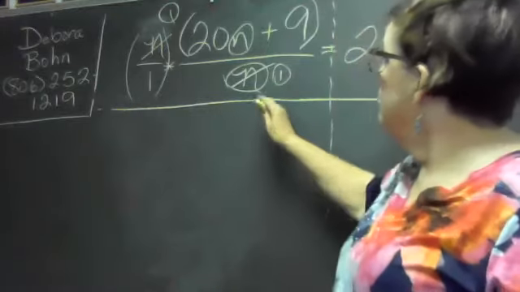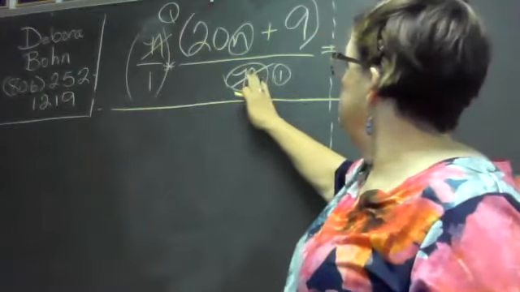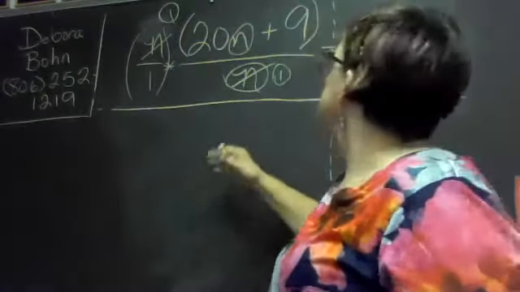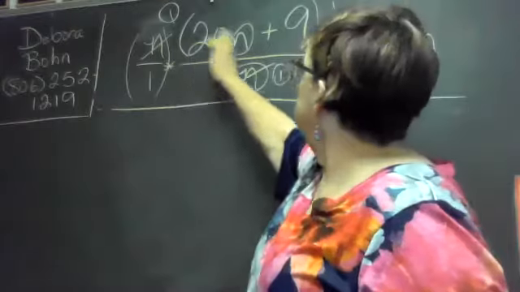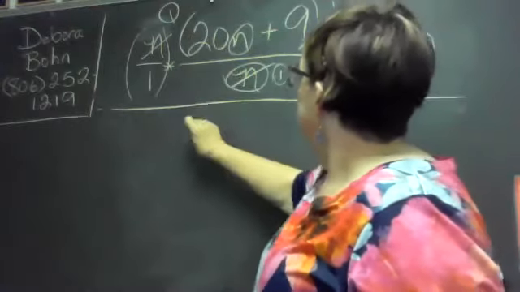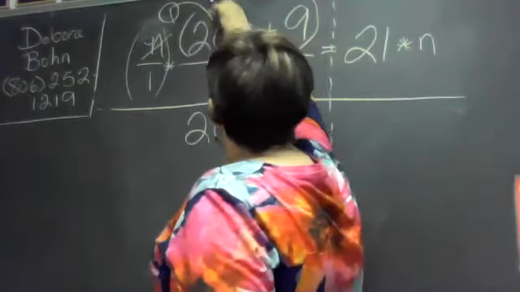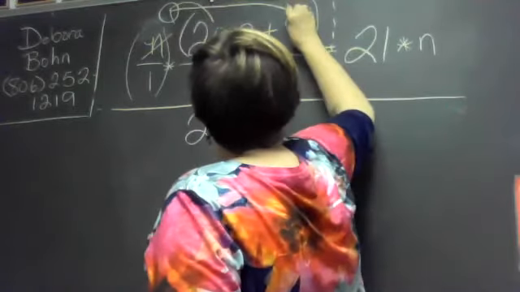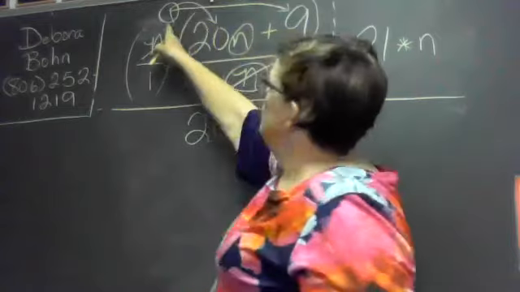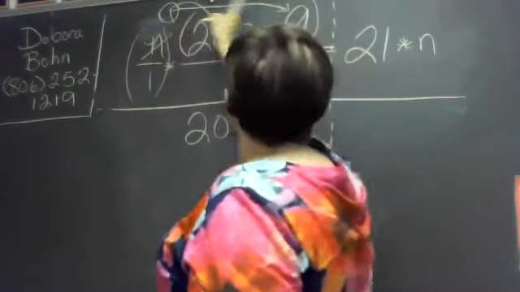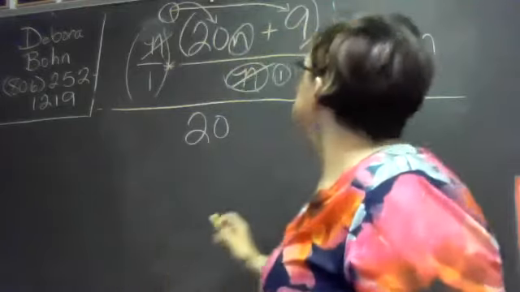Now, because this is gone, because 1 times 1 on the bottom of a fraction, we don't write it. Okay, since this is gone, it unlocked this. And so now all I have left is this 1 times 20n and 1 times 9. Because the 1 is outside of parentheses, we have to use the distributive property to take care of this, okay?